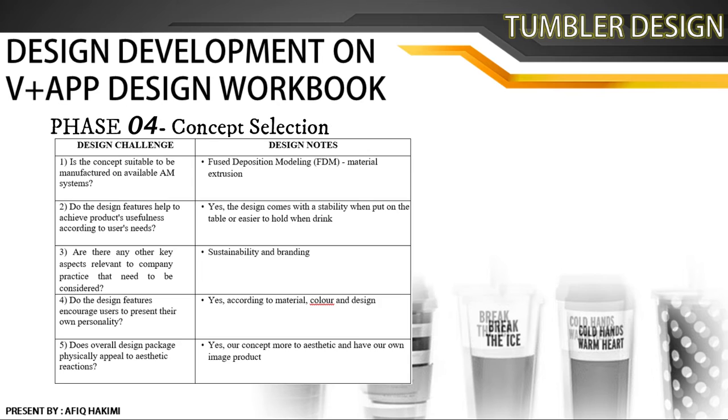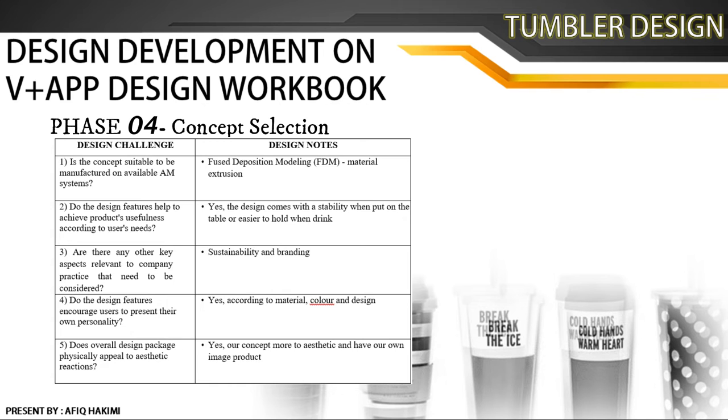For phase 04, the concept selection, we use fused deposition modeling, FDM, material extrusion, for the concept suitable to the manufacturer's available system. For the next question, do the design features achieve product usefulness according to the user's needs?